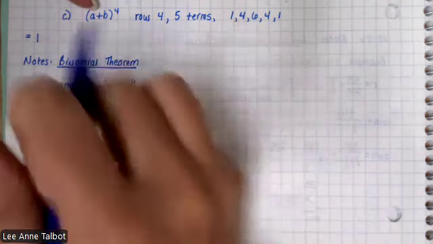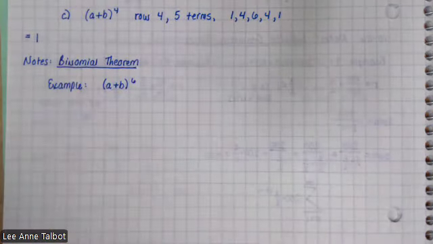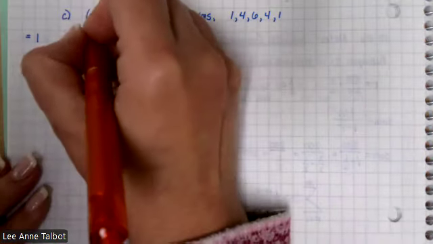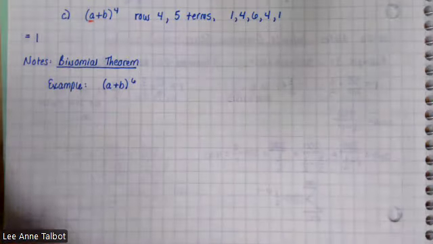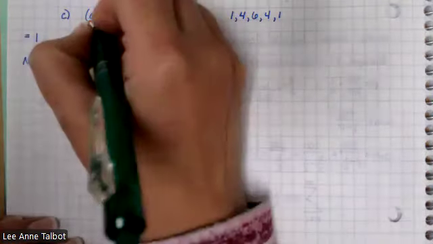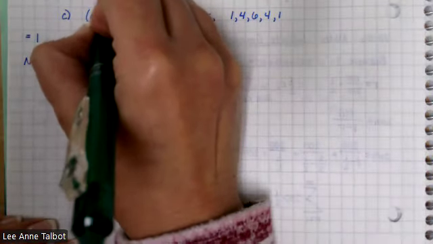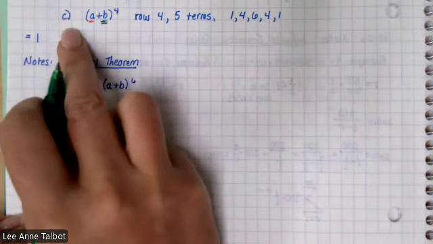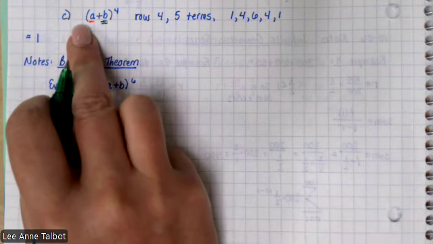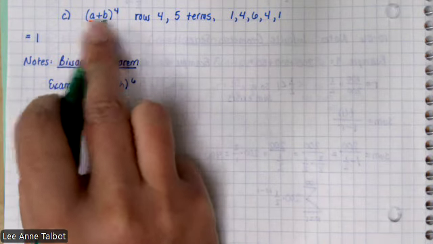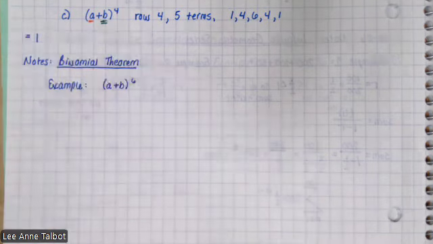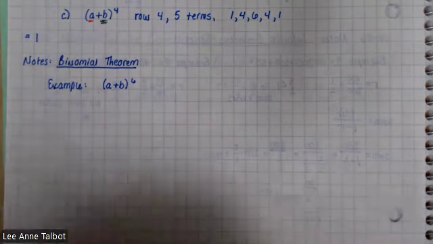Can you all identify this as the front seat and this as the back seat? If I say front seat, will you know what I'm talking about? The A. If I say back seat, do you know what I'm talking about? The B. Perfect. So this is how the pattern goes.